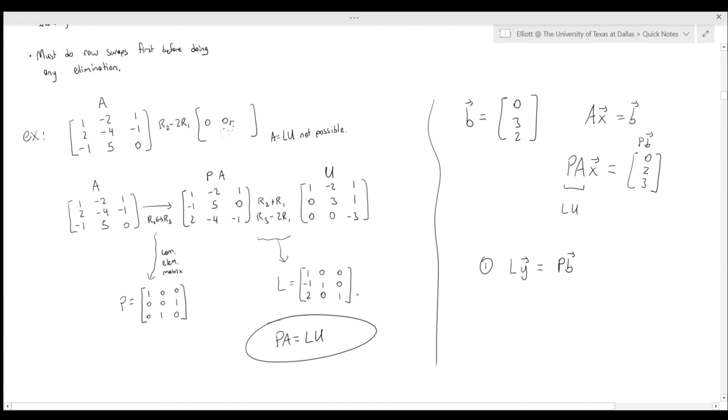So taking the lower triangular matrix L and PB for the right-hand side, this gives us the equation 1y1 equals 0, minus y1 plus y2 is 2. And then 2y1 plus y3 equals 3. And doing the substitution, y2 is 2. And then over here, y3 is 3.